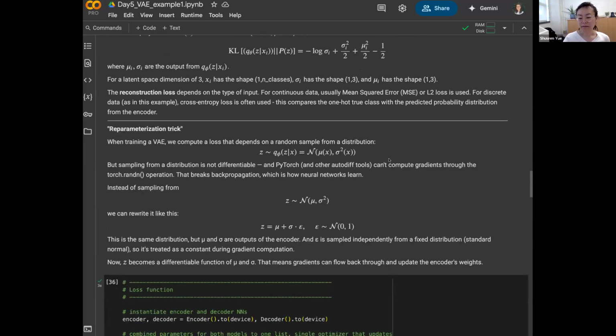Okay, one more thing before we move to the code: there's a thing called the reparameterization trick. There was a very good question yesterday about how we can regenerate a data point from something like PCA. Anything with low dimensionality, we can generate something back if it is parametric.